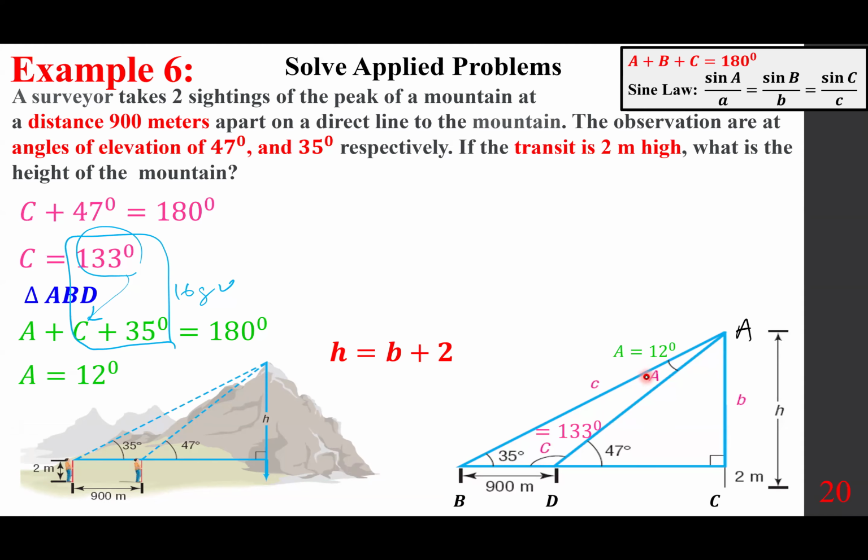If A is 12 degrees, then in this triangle we can find all sides, because one side and all angles are known.